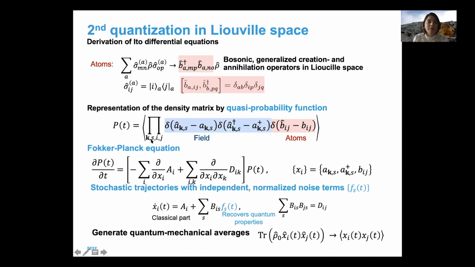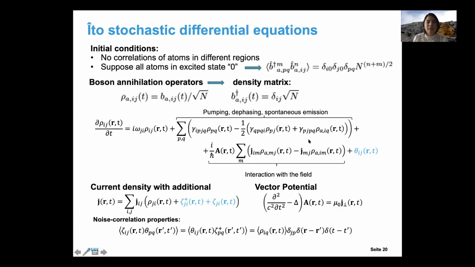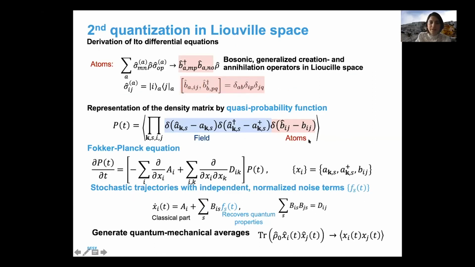Formally, we then introduce a representation of the density matrix by a quasi-probability function that's made out of a distribution of delta functions in these operators. In this way we can derive the equation of motion for this quasi-probability function, which has the form of a usual Fokker-Planck equation.